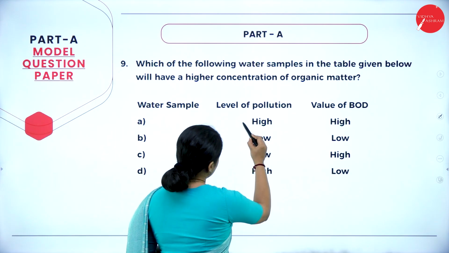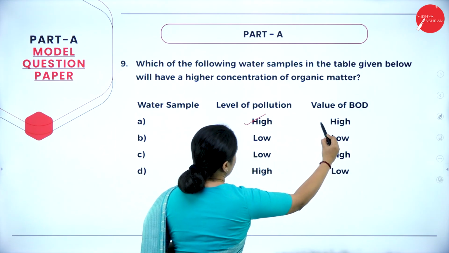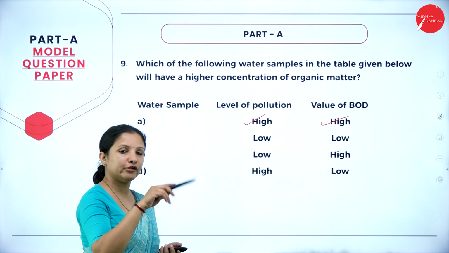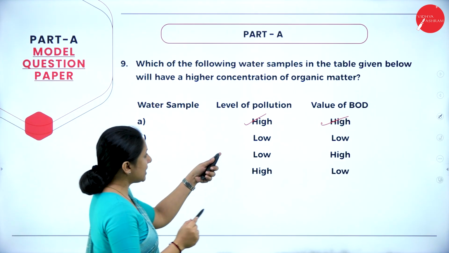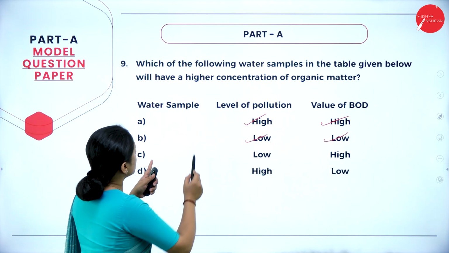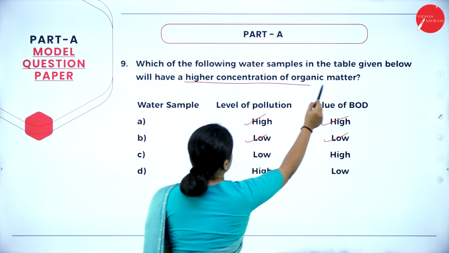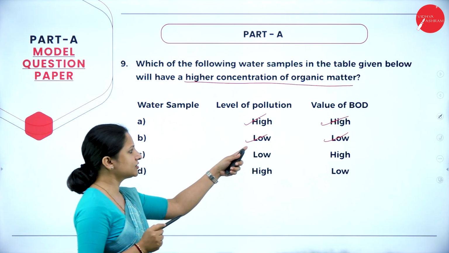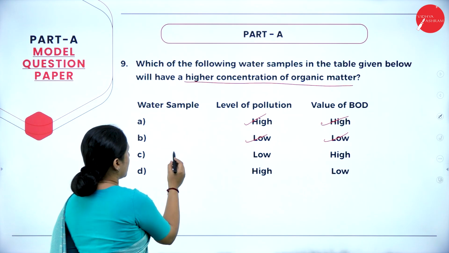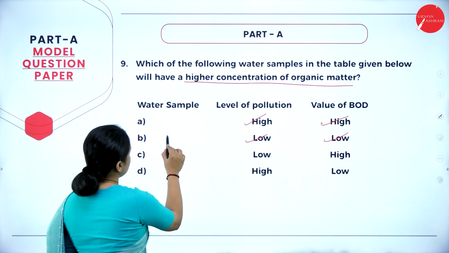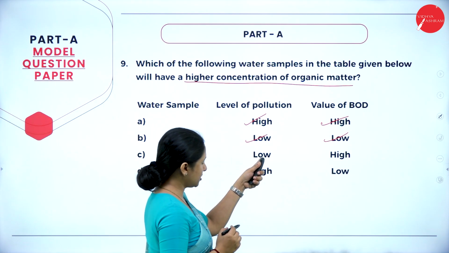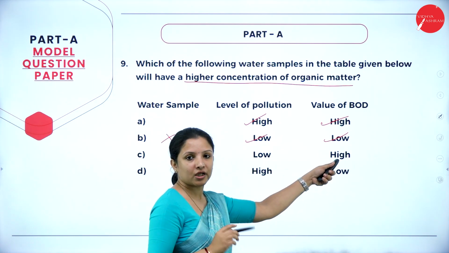Is it the one where the level of pollution is high and the value of BOD is high? Of course, if the pollution in the water is high, the value of BOD will also be high. Is it the one that is low and low? What is the question here? Will have a higher concentration of organic matter. If it is low and low, it doesn't mean it will have a higher concentration of organic matter. So this water sample is wrong. Next is low and high. No, because if the pollution is low, then the value of BOD will not be more.